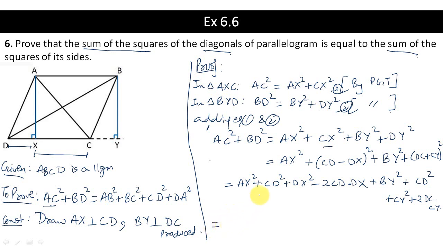Now we will pair. AX square plus DX square will form a pair. CD square will remain same.